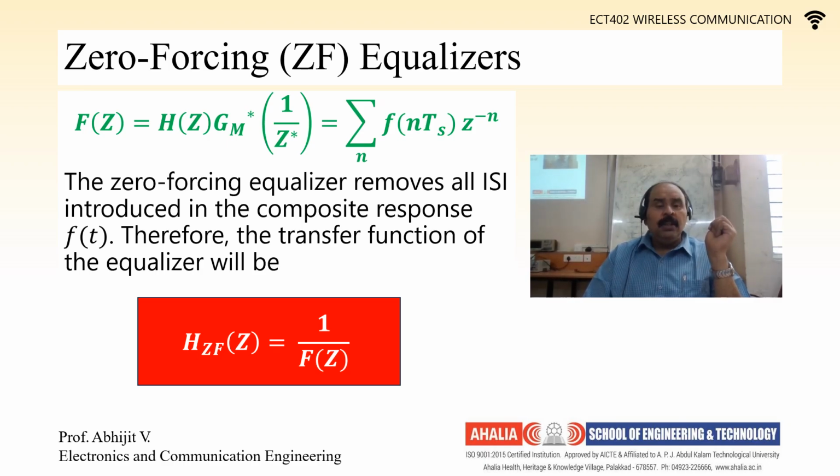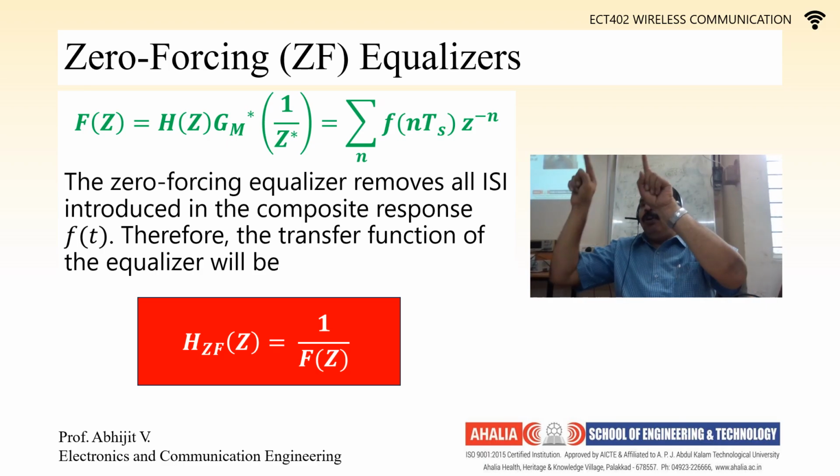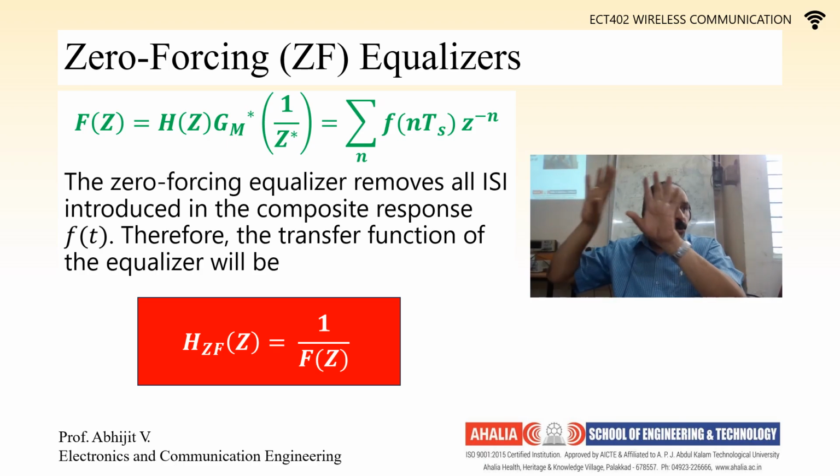So this is the transfer function of the equalizer, 1 by f of z. What is f of z? It is the Z transform of the combined frequency response of the pulse shaping filter plus the rest. Are you able to understand what I am saying? In the zero forcing algorithm, first we have a pulse shaping filter followed by the channel response, which we do not know, and then we have a matched filter, right?